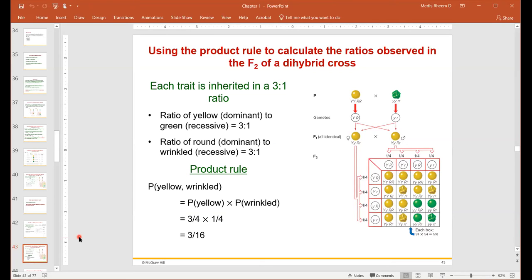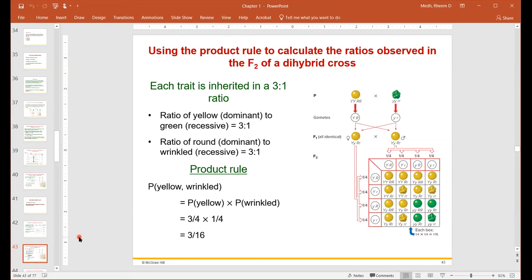But if you want just a phenotype, how many are going to be yellow and round? Yellow are going to be 3 out of 4. Round are going to be 3 out of 4. So that's going to be 9 out of 16. Right? So you don't have to do the Punnett square, you just apply this product rule to get your outcomes. Everybody with me? Any questions?